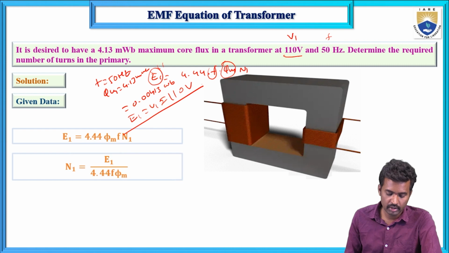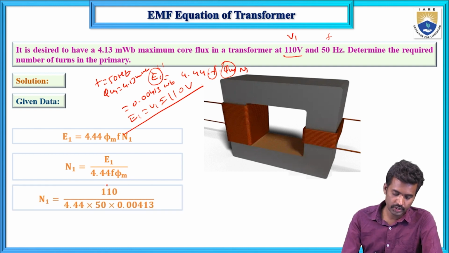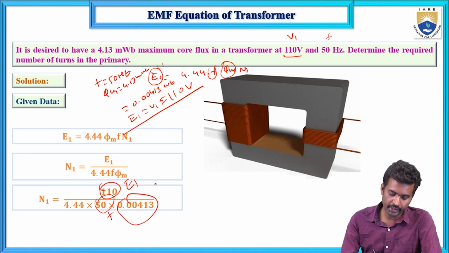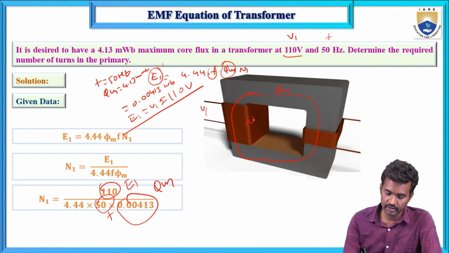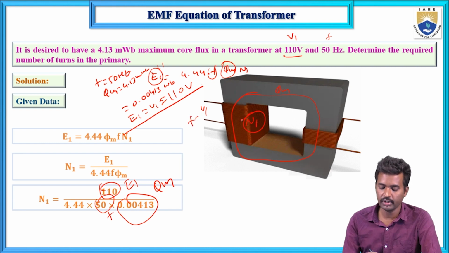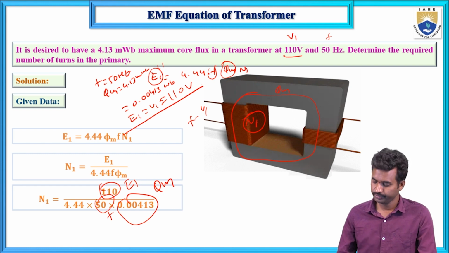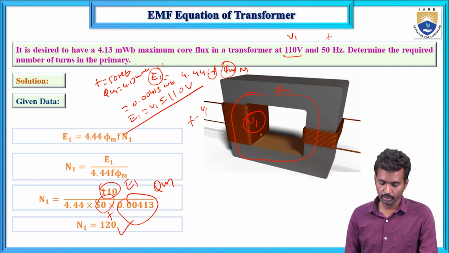This is the formula, and N1 equals E1 by 4.44 F into phi m. So this is the E1, this is the F, and this is the flux phi m. This is the V1, this is the N1, and the supply frequency is 50 Hz. This you need to calculate. That value is 120 number of turns.